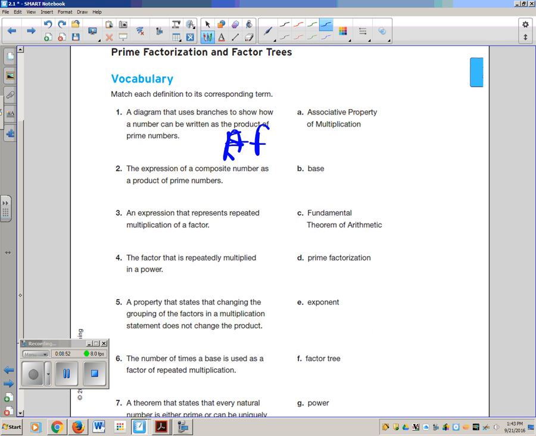Number 2, the expression of a composite number as a product of primes. Look through your list. Expressing composites as a product of prime. What do you think, Zach? No, that's not on the list.